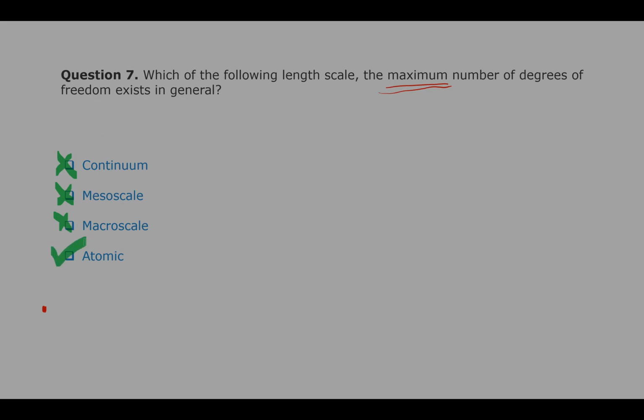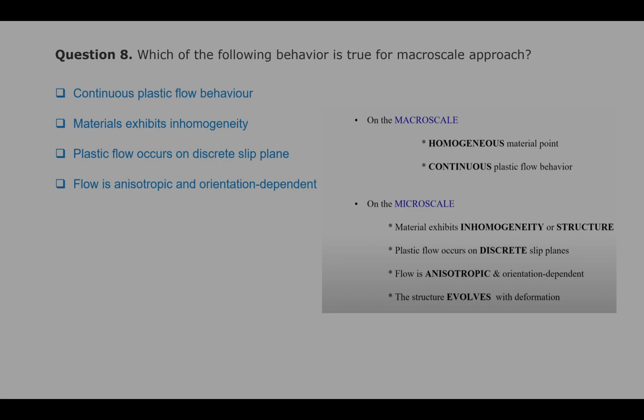And atomic scale will have the highest degree of freedom, because in length scale it is the lowest one to count. So the atomistic scale has the maximum number of degrees of freedom in general. Okay.